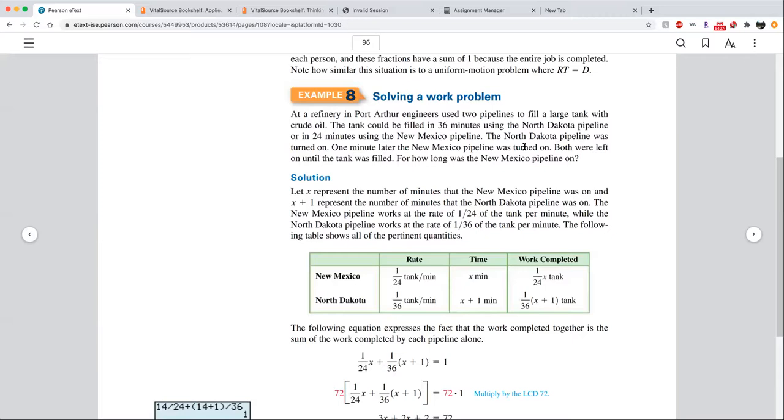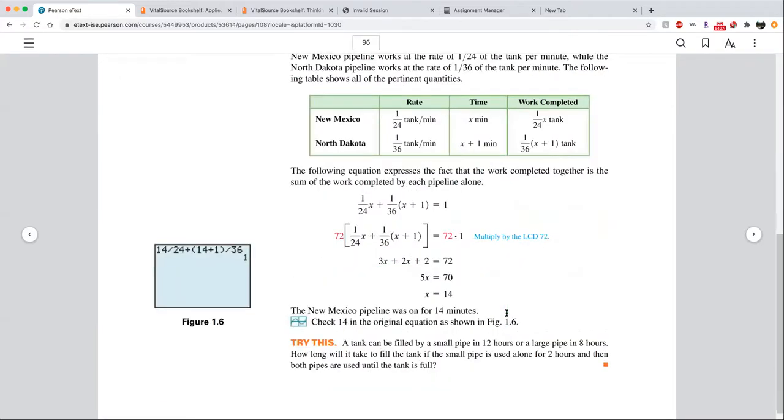So the time for North Dakota must be x+1, right? And then the work completed is rate times time: 1/24 times x for New Mexico, and for North Dakota, 1/36 times x+1.